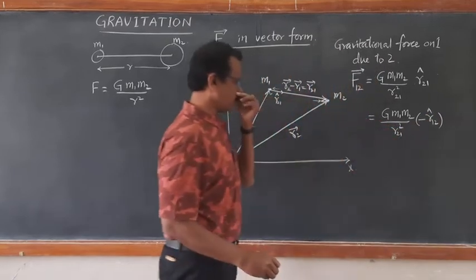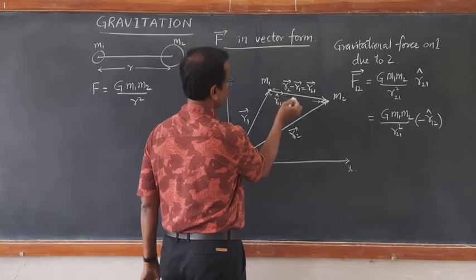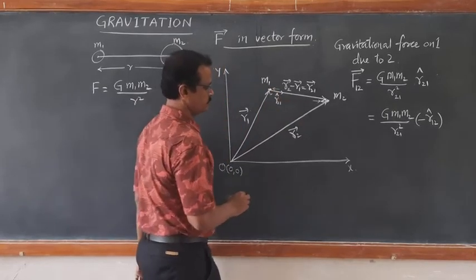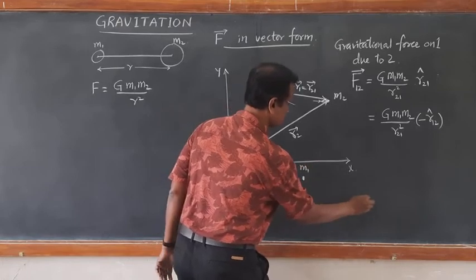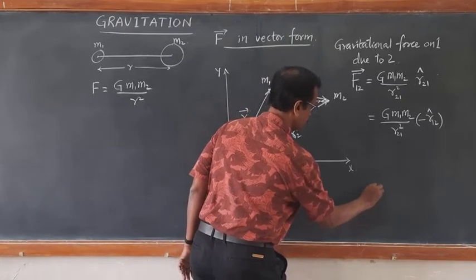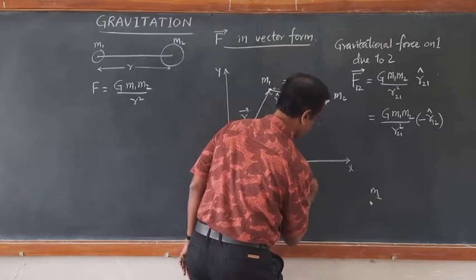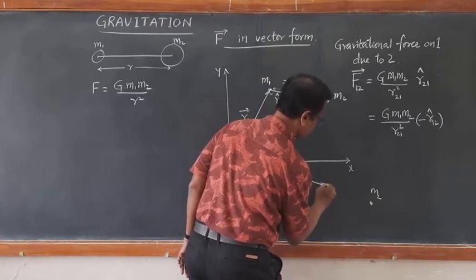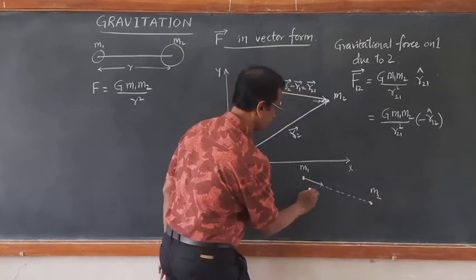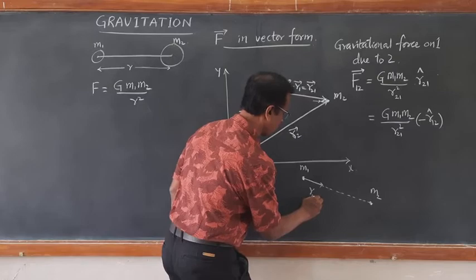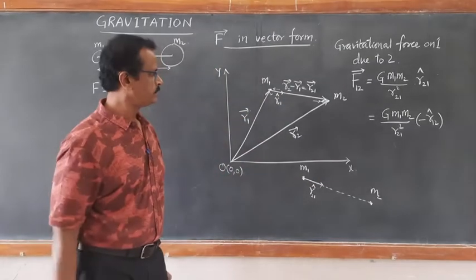What does it mean? Minus r12 cap is nothing but, since r12 cap is directed towards 1, I can write here, this is m1, this is m2. You know this is the vector directed towards the second one, this unit vector is r21 cap.